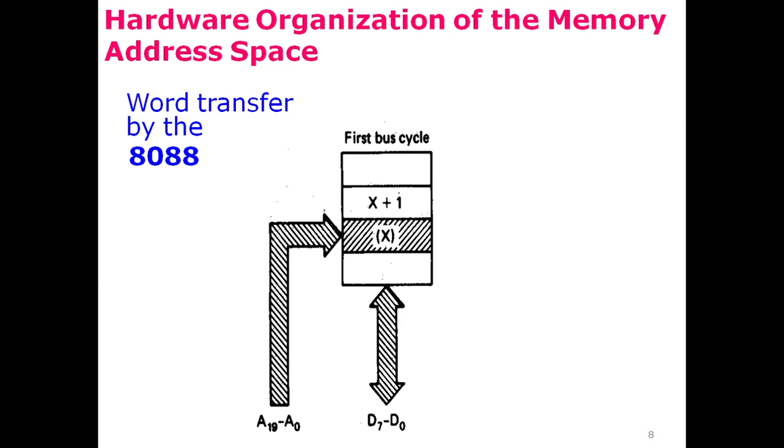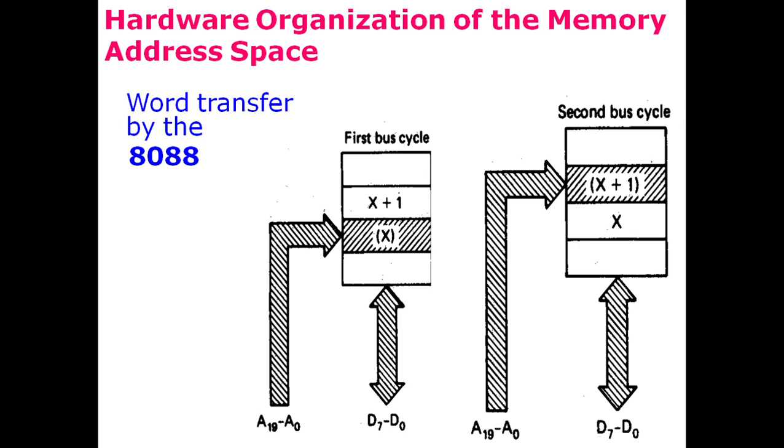And when a word of data is transferred to or from the 8088 microprocessor memory, then we have two banks, as we just saw on the previous slide. The 19 bits are connected to both of these banks.